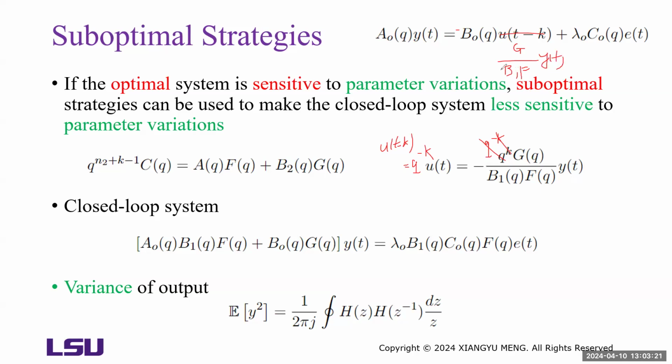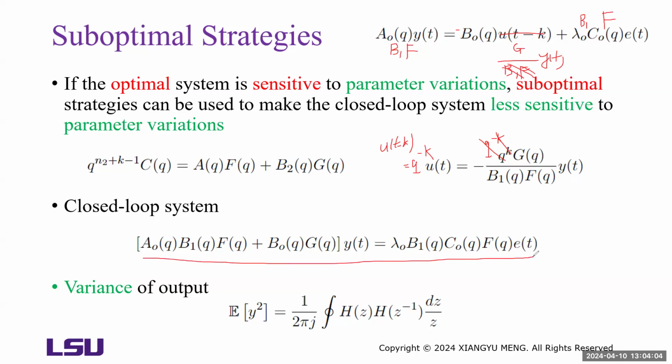Then if we multiply B1 F on both sides of the equations, we have A naught B1 F, then lambda naught B1 C naught F. If we move this to the left-hand side, we have A naught B1 F plus B naught G, y(t), equal to lambda naught B1 C naught F e(t). So this is the closed loop system.